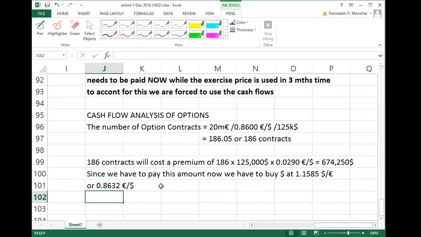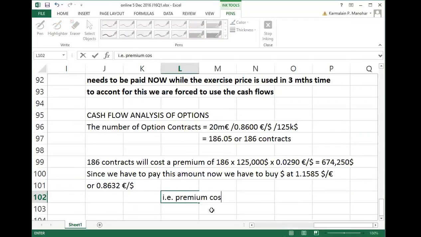Right, so convert 674,250 times 1.1585. You could probably write out the working. Somebody give me a number.